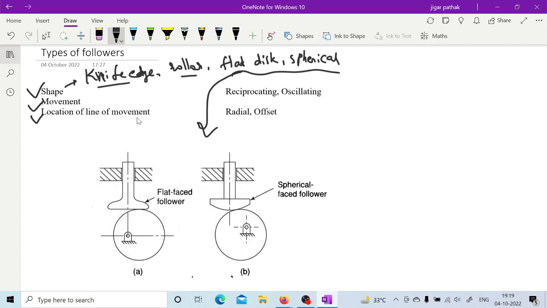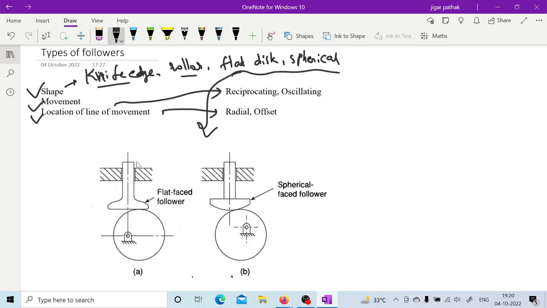Now, based on motion or movement of the follower, it can be reciprocating or oscillating. The follower may reciprocate or oscillate according to the type of cam you are using to give motion to that follower. And finally, you have the location of the line of movement. It may be radial or offset.